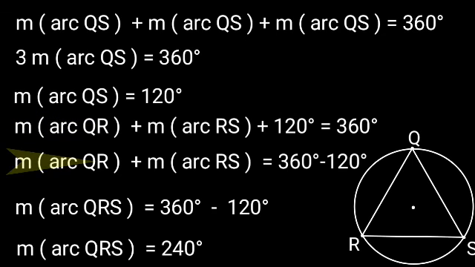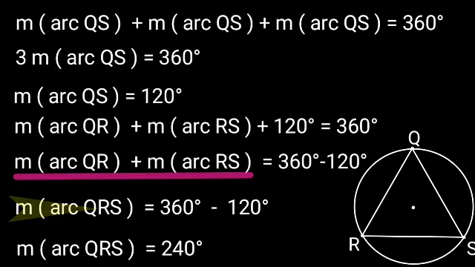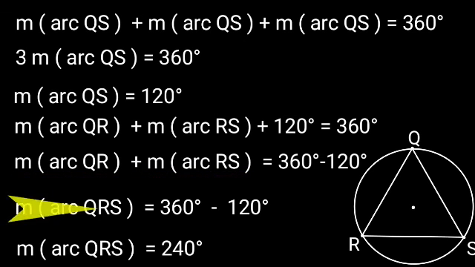Then measure of arc QR plus measure of arc RS is equal to 360 degrees minus 120 degrees. Thus, the addition of these two arcs, measure of arc QRS, is equal to 360 minus 120, that is 240 degrees. Measure of arc QRS is equal to 240 degrees.